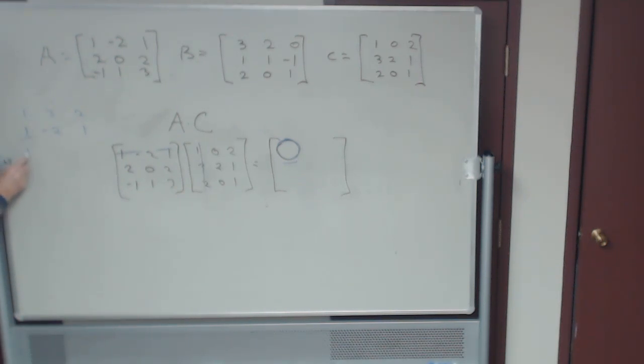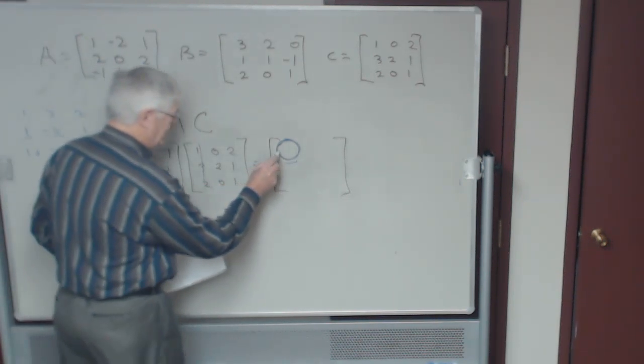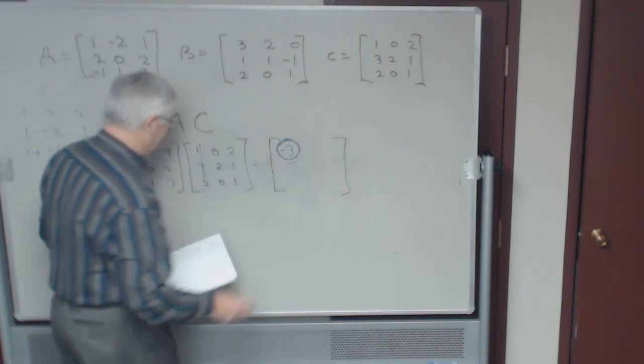So 1 times 1 is 1. 3 times negative 2 is negative 6. 2 times 1 is 2. And then I add the answers. So negative 6 plus 2 is negative 4, plus 1 is negative 3. So what goes in here? Negative 3.